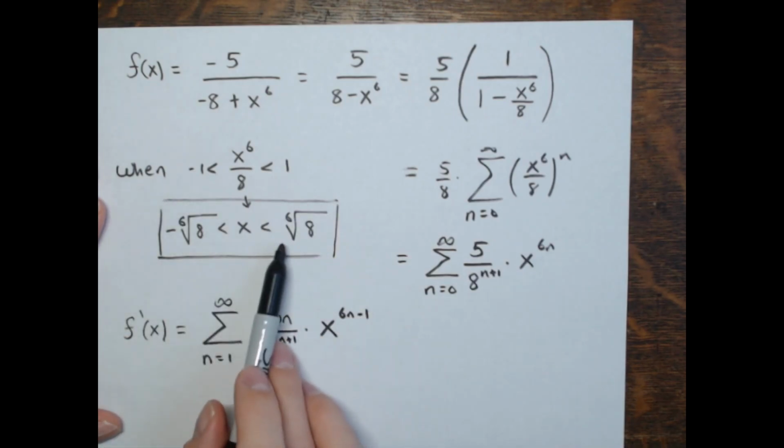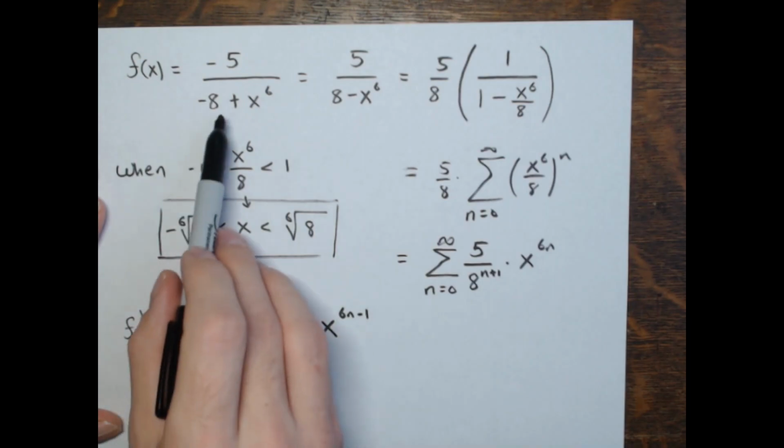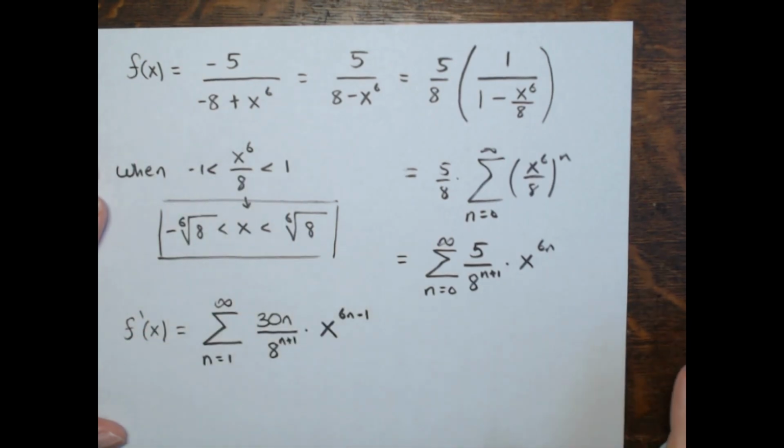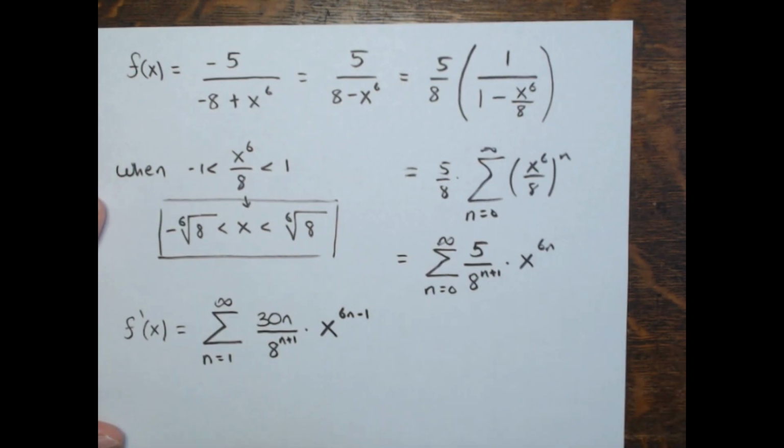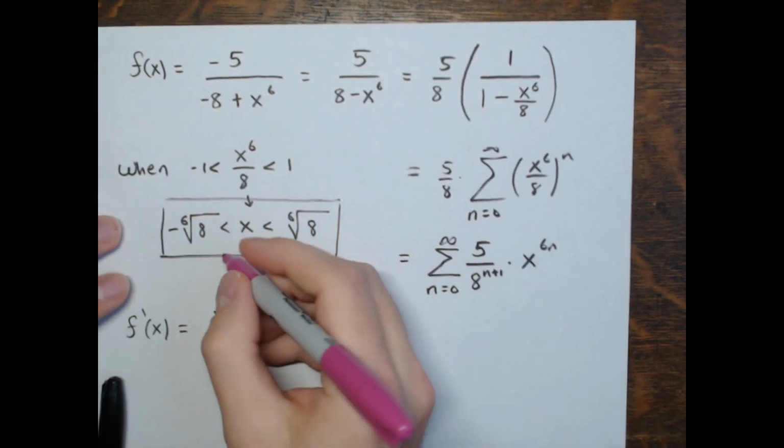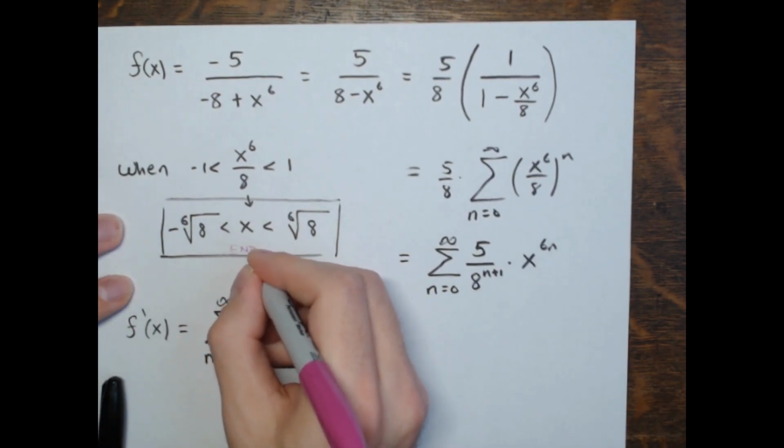So when x is between here and here, this series will converge to whatever the derivative of this function is at that value of x, but we must check the ends, right? Check the ends.